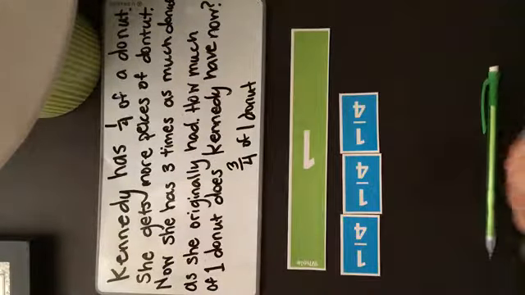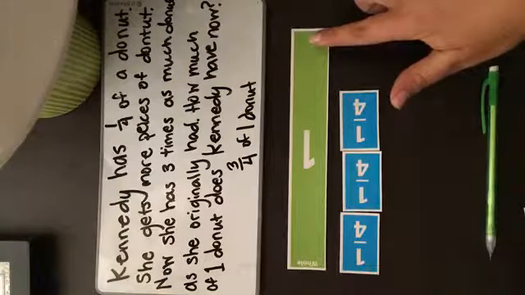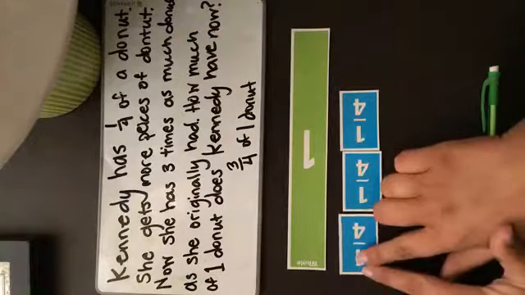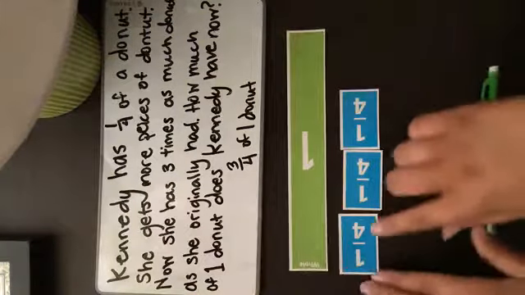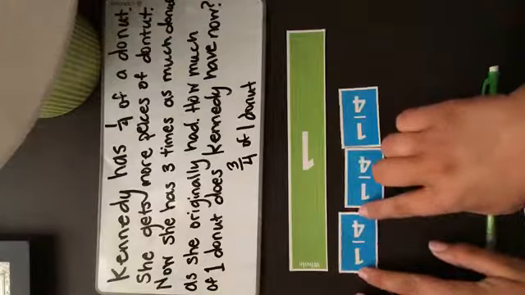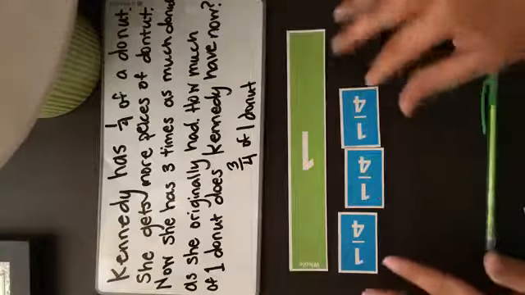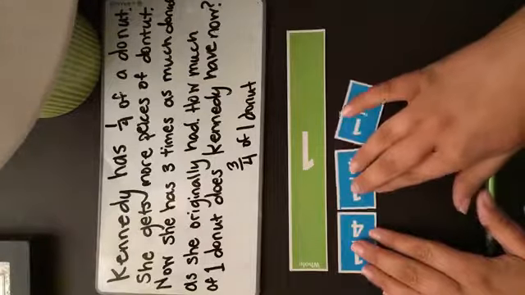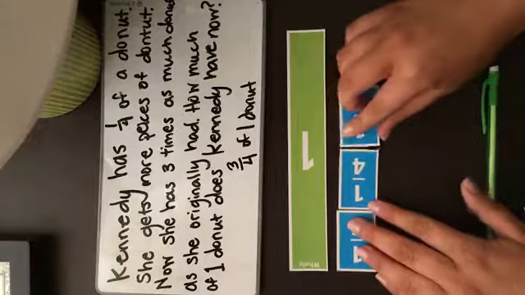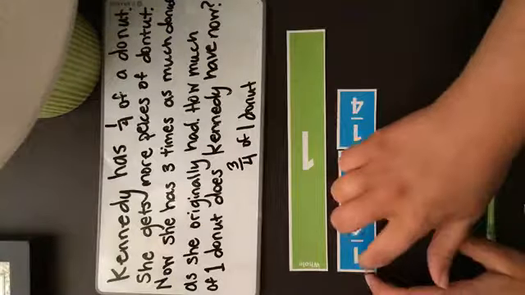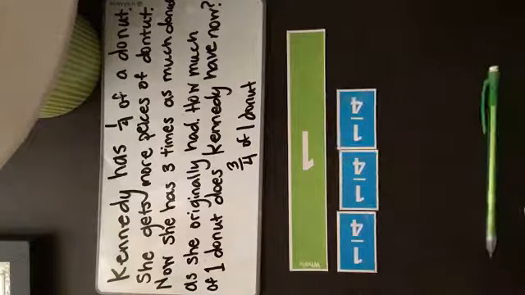So I know that I started with 1/4 of one whole. This is the length 1/4, and this is the length 1 whole. And I know that I started with the length 1/4 if we're representing it linearly, and that my new length of how many pieces Kennedy has now is the size 3 times the length of her original amount of donut.